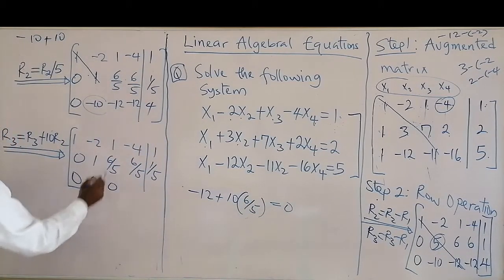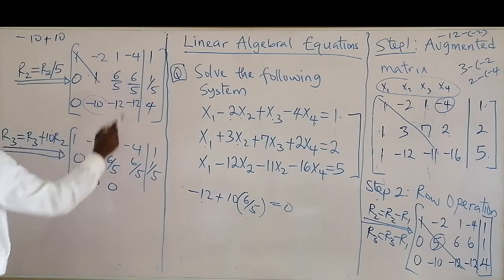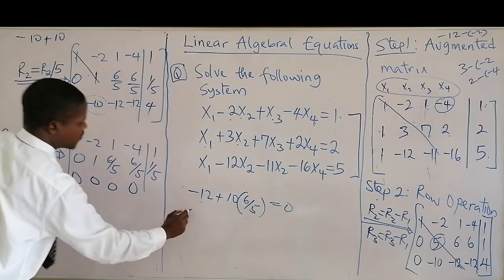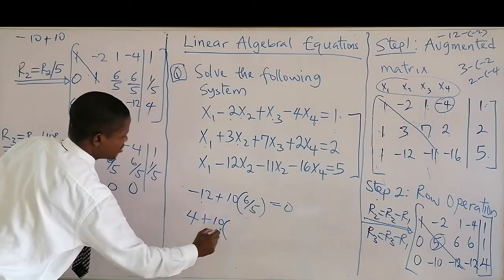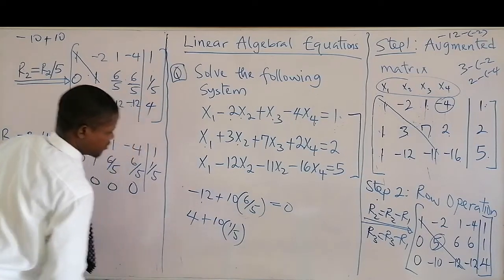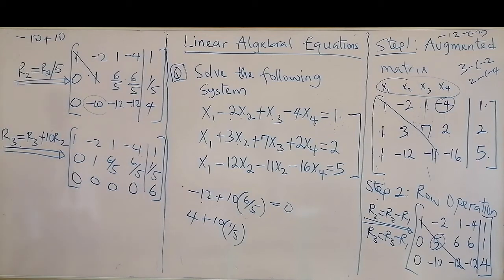Don't have to waste time there. Here also, minus 12 plus 10 times 6 over 5, that's also 0. Then 4 plus 10 times 1 over 5, so that's 6. So that's what we have there.